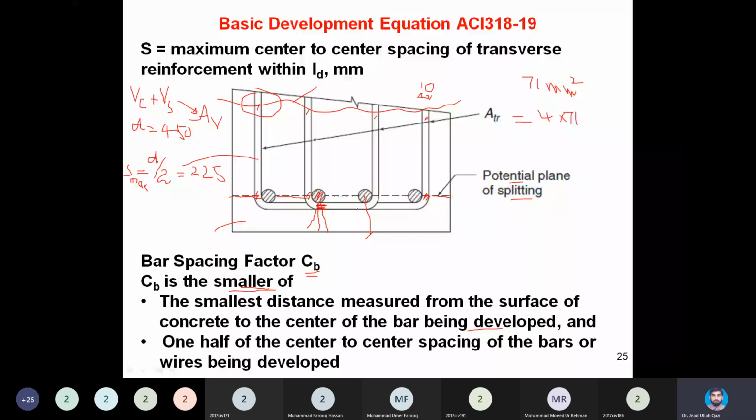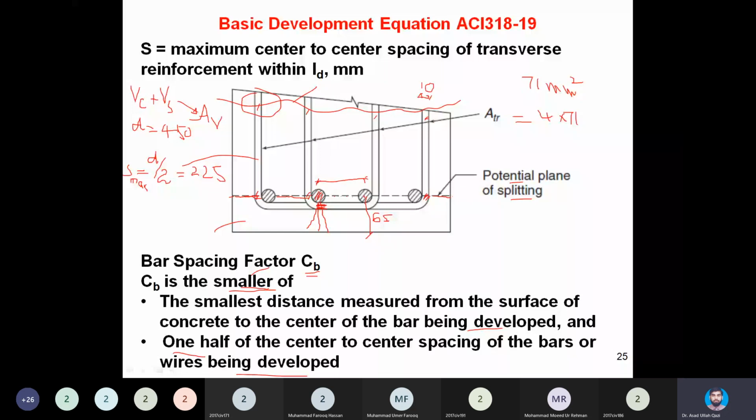Assume that this distance is 65 millimeter. Then second is 1/2 of the center to center spacing of bars being developed. Now, the center to center distance between the bars you can calculate mechanically. If you know the cross section width and dia of bars, you can decide mechanically what the center to center spacing will be.